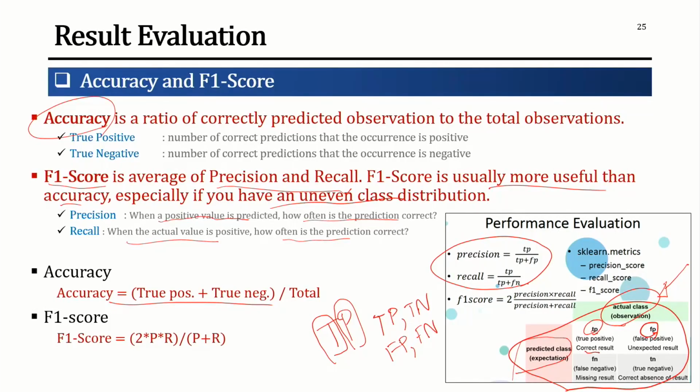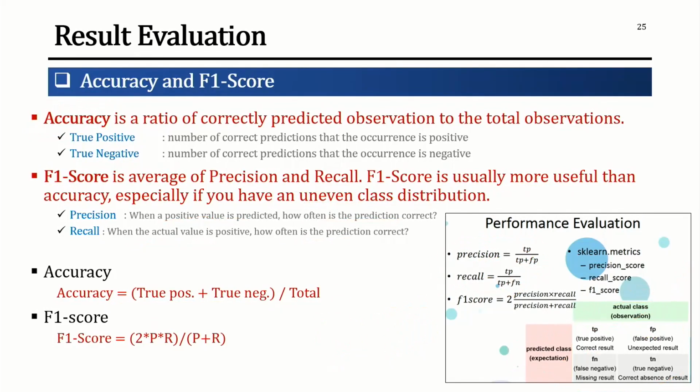And for the formula, it is already defined for precision and recall, which is true positive divided by the summation of true positive plus false positive. And the difference between precision and recall, we just focus on whether it is false positive or false negative.